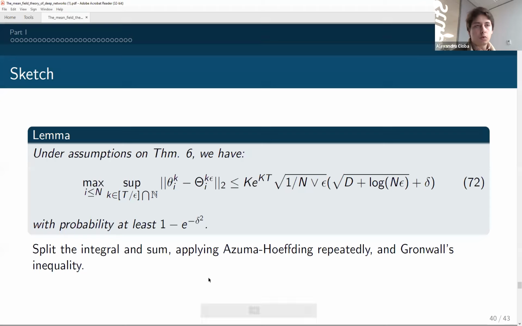And this is done by bootstrapping. So this is done by applying martingale inequalities such as Azuma-Hoeffding and integral differential equation inequalities such as Grönwall's to split the difference between small theta and capital theta into a sum of terms, and individually bound them by terms that depend on this error.